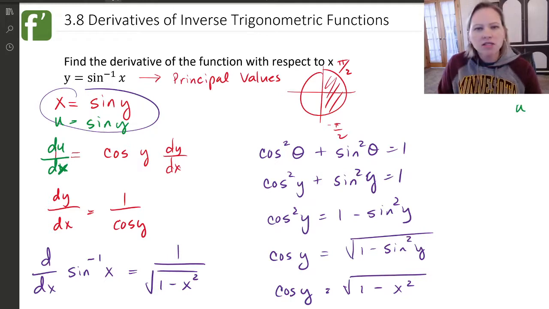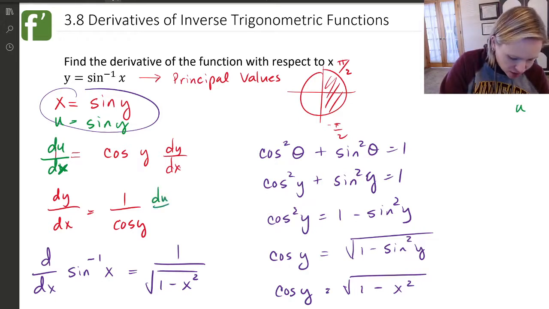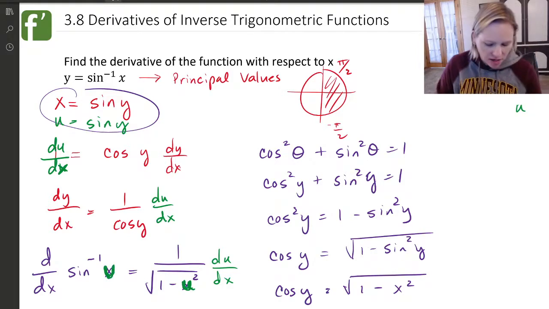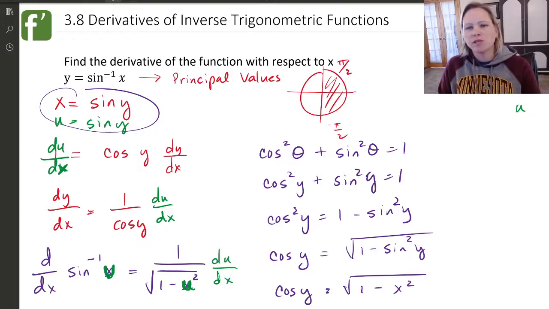So we would always have this du dx floating around, and we'd have a du dx here. So this is the formula that I want us to get used to, and it's this idea that the chain rule is a big part of these inverse trig functions.